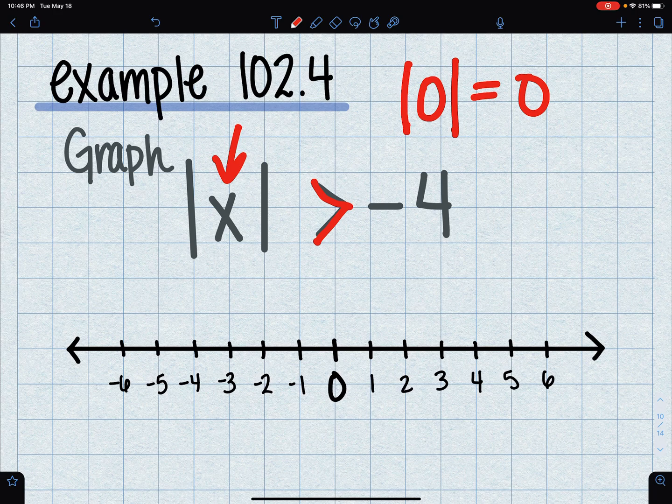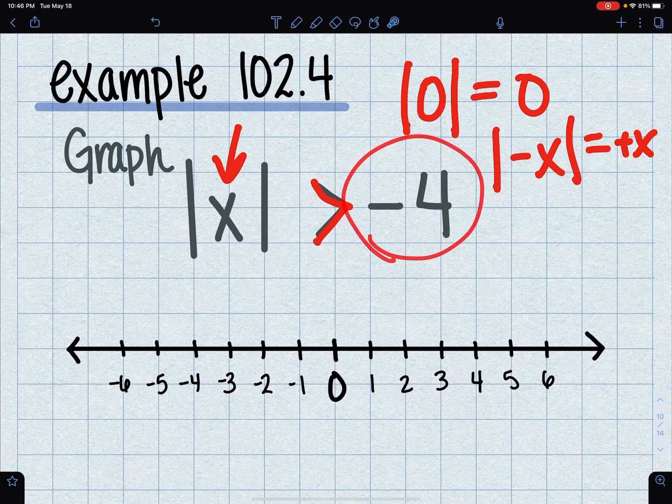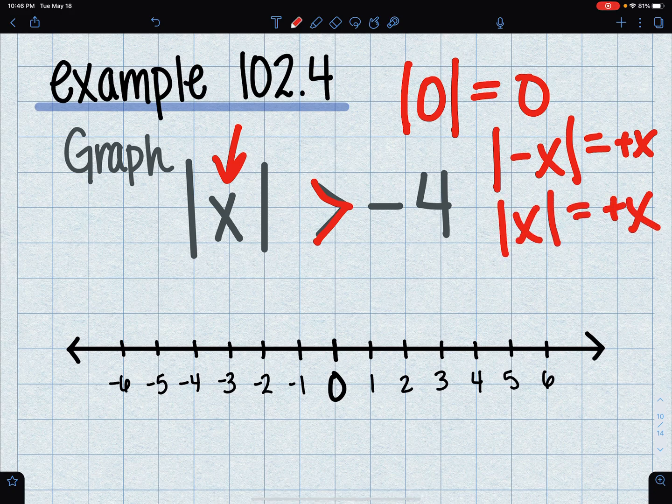And then the absolute value of any negative number is its opposite, and its opposite is always going to be positive, and that's always going to be greater than -4. And then the absolute value of any positive number is a positive x, and that's always going to be greater than -4, because -4 is on this side. So anything we do is going to make it greater than -4. So the answer to this one is everything.